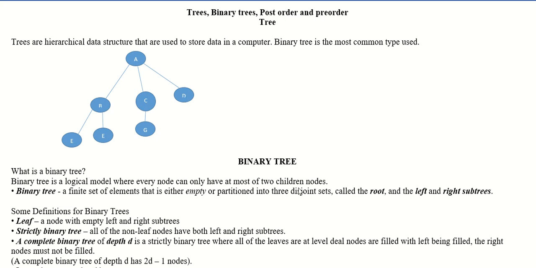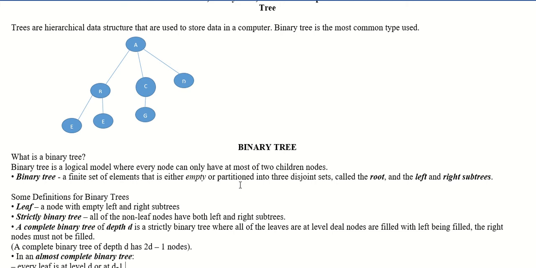Now let's go to the binary tree, which is our focus today. Binary trees are a logical model where every node can only have at most two children, as I've said. We can also say that a binary tree is a finite set of elements that is either empty or partitioned into three disjoint sets called root, left, and right.